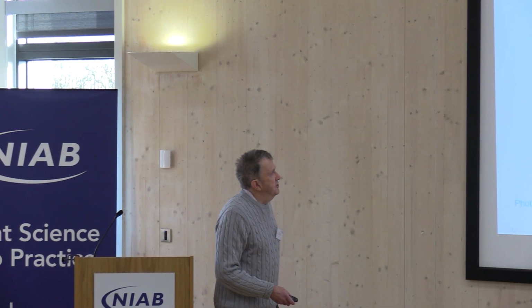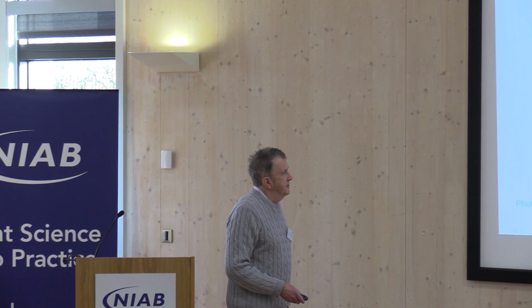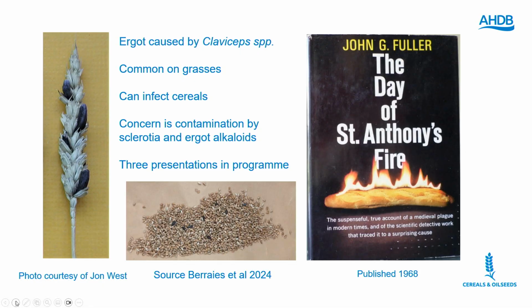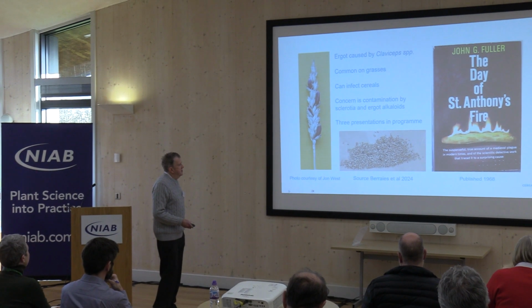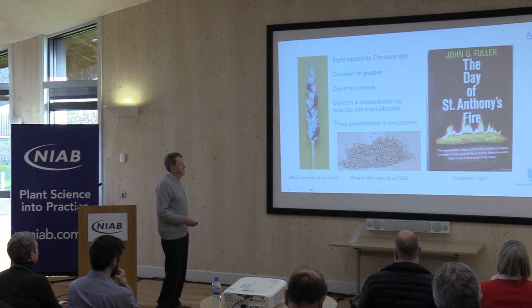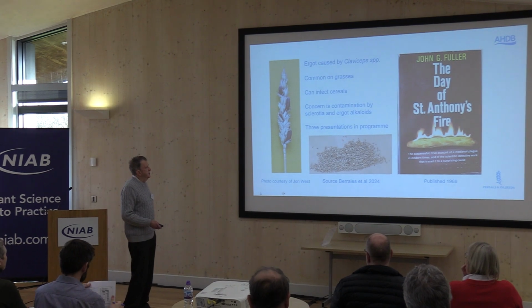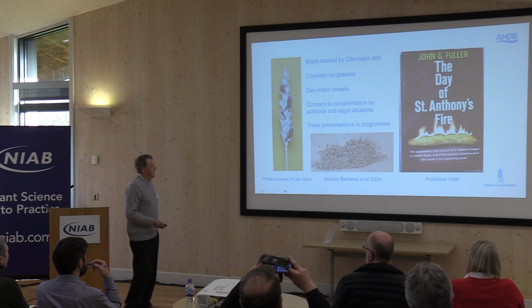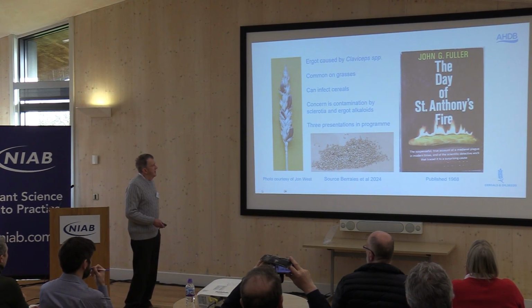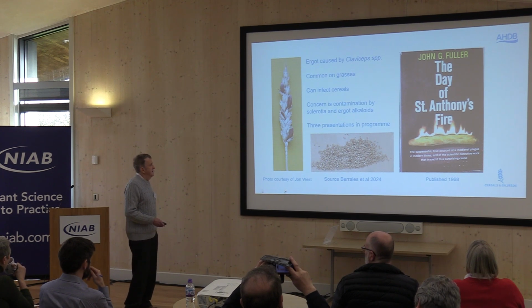Now, the picture on the right there, when I was a student, this book was published called The Day of St Anthony's Fire, and it reads a bit like a detective novel actually, but it's about a real event that took place in France in 1951, I think it was, where unexpectedly a lot of the residents of one particular village started to suffer hallucinations and behave very strangely, and this was initially not understood to be anything to do with ergot.